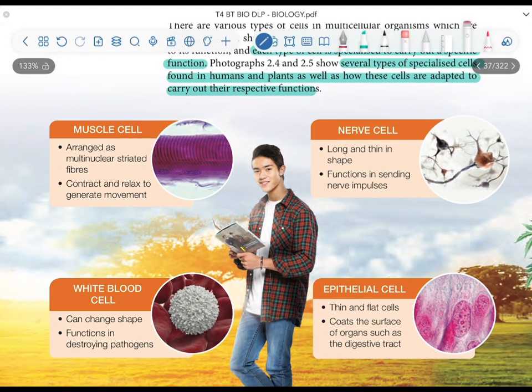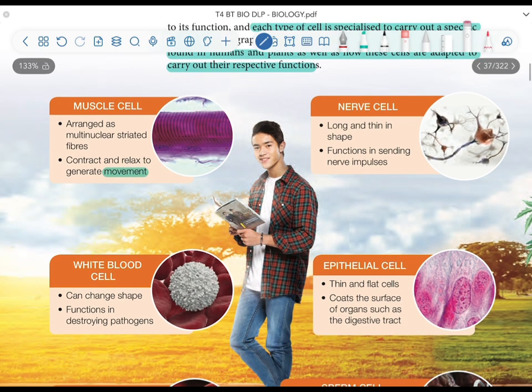The first one is the muscle cell. It's very straightforward. It contracts and relaxes to generate movement. So muscle is for movement. Next, the nerve cell, also very straightforward. When we look at nerve, it must be related to the brain.